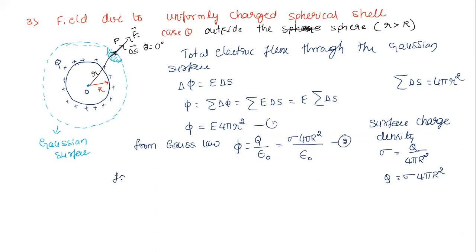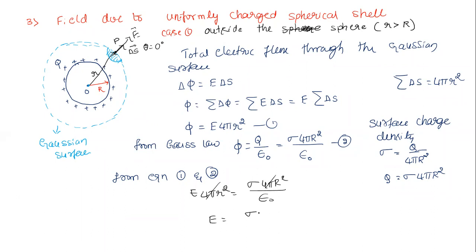Now I'm going to take now from equation number 1 and 2. From equation number 1 and 2, I say now electric field E multiplied by 4 pi r square is equal to sigma 4 pi capital R square divided by epsilon naught. 4 pi is going to cancel.